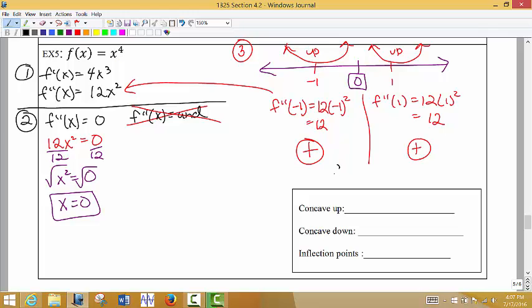And no, we don't. If I plug 0 into the original function, I get out 0. So that means that I can include 0 as part of the interval. So we're concave up from -infinity to +infinity. There's no asymptotes. We're not concave down anywhere. And since we don't have a transition from up to down or down to up, then we have no inflection points.